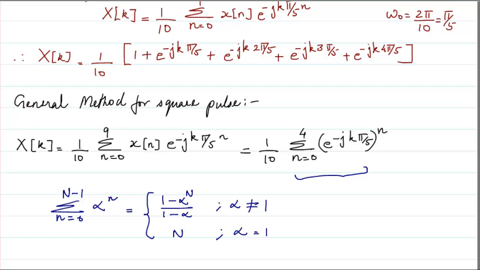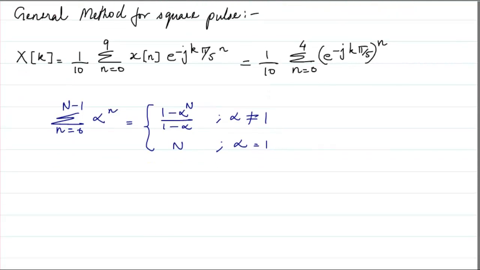So it is as good as n going from 0 to 4, and this whole portion can be taken as alpha raised to power n. This kind of formula will come again and again. In the next module you have these kinds of formulas which are very much used for solving. Okay, so 1 by 10, and now within the brackets, let me write the value.